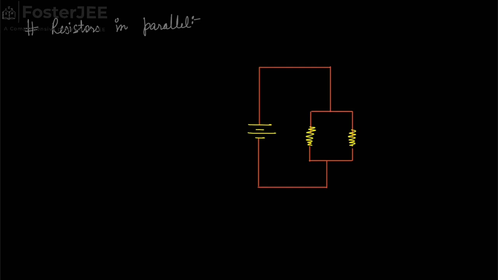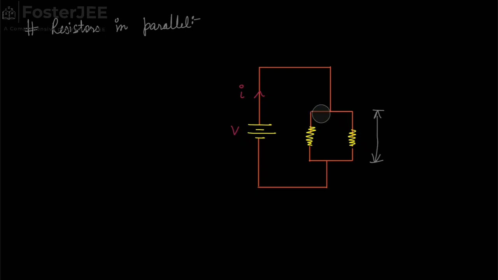For parallel, let's draw the circuit. Suppose this is a circuit where we have a battery of total potential V, and it sends current of I into the circuit. Now if somebody asks what is the potential difference across these resistors, let's understand what to answer.